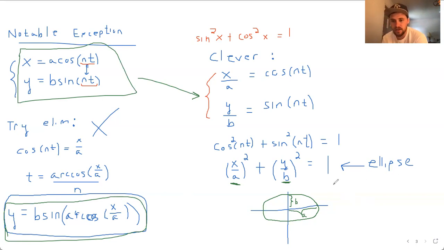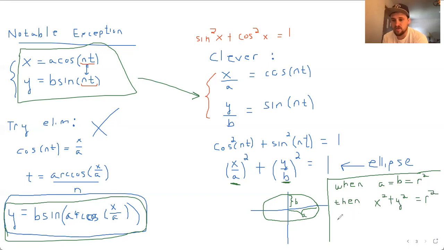And here's a little remark down at the bottom that I can make. When a and b are the same, and there's some number r squared, then you have x squared plus y squared equals r squared.